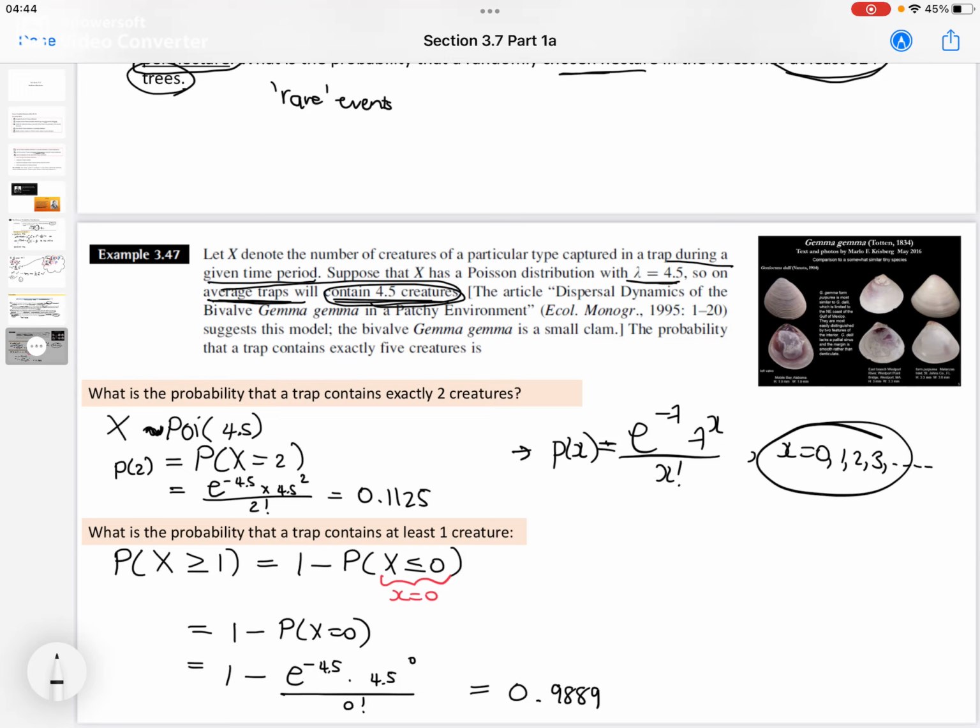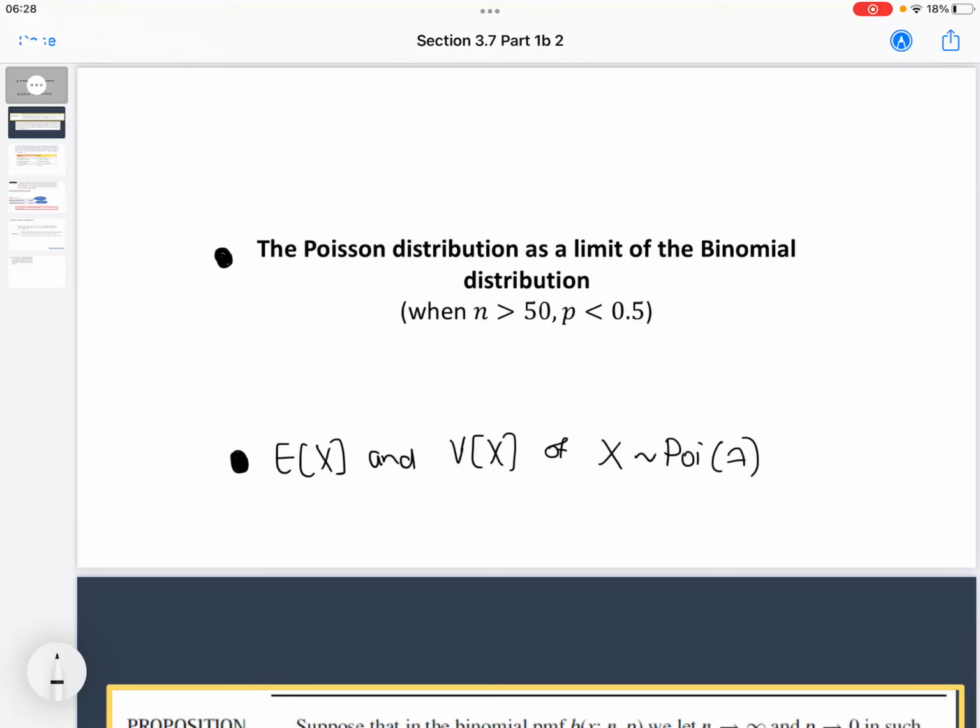So this is the end of section 3.7, part 1a. In the second part of this video, we will look at two things. Firstly, the Poisson distribution as a limit of the binomial distribution, provided that the number of trials n is greater than 50 and the probability of a success is less than 0.5.